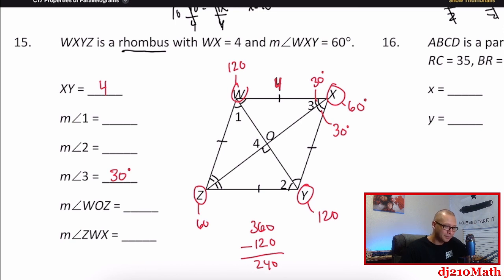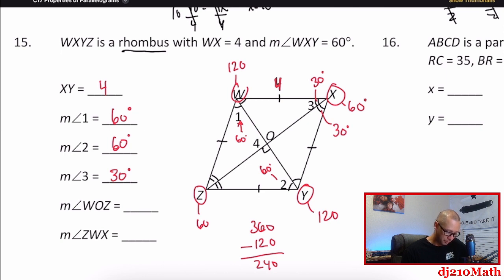Because the diagonal bisects each of those, that means this is going to be 60, and that's going to be 60. So 1 is going to be 60, 2 is going to be 60. WOZ.